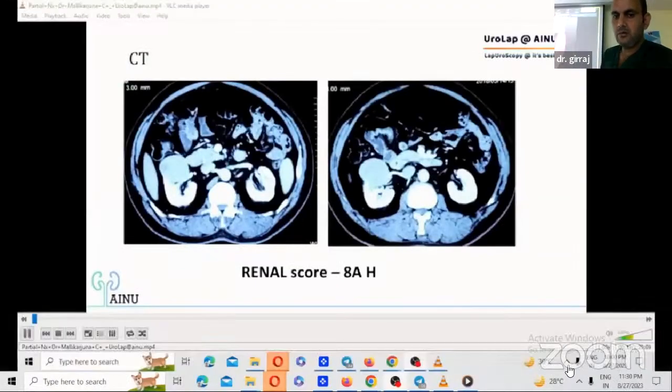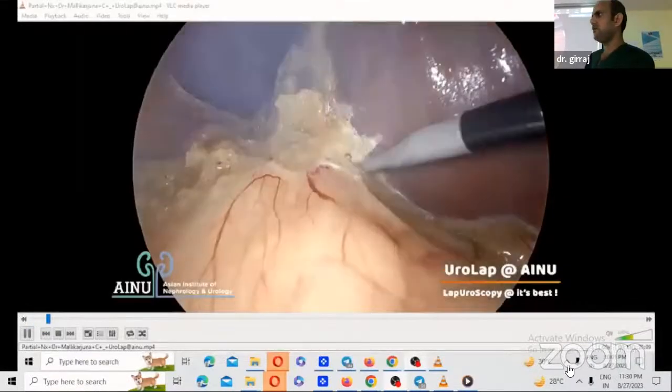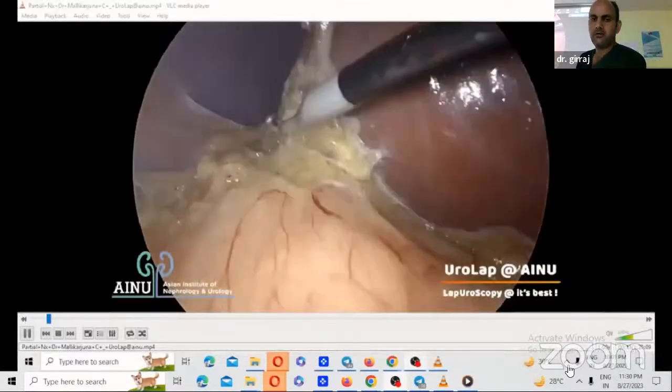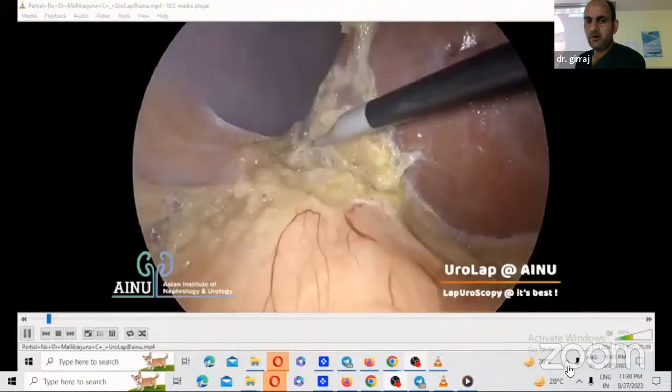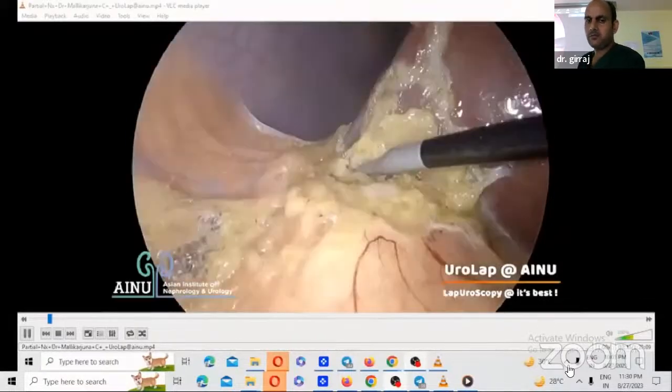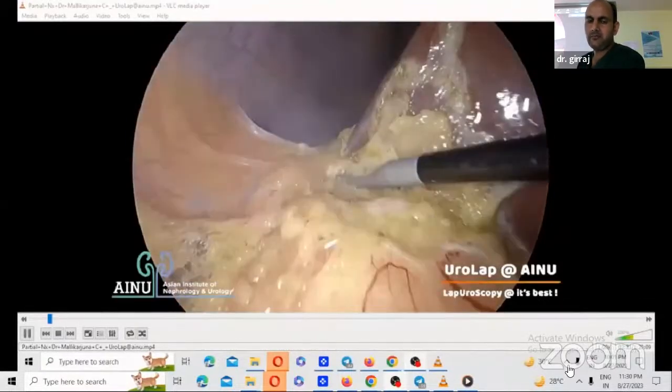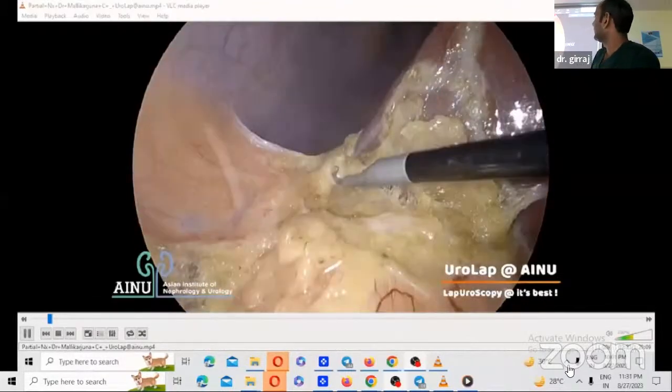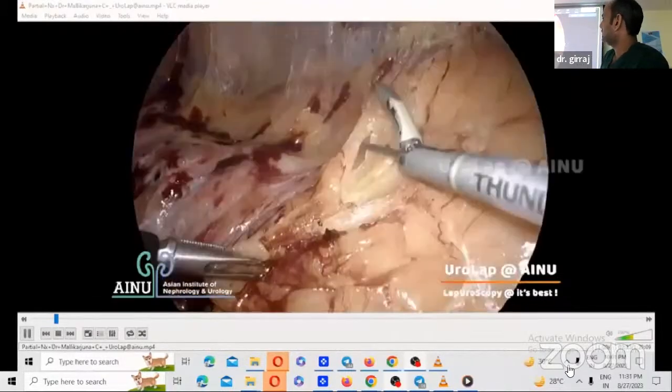This is the video of a laparoscopic right partial nephrectomy. Tumor of the upper pole of the right kidney, and the nephrometry score is 8A. This will be inside the hepatic flexure of the colon.